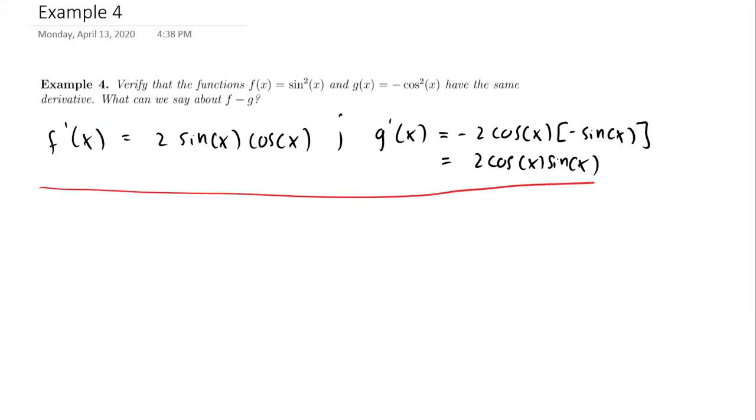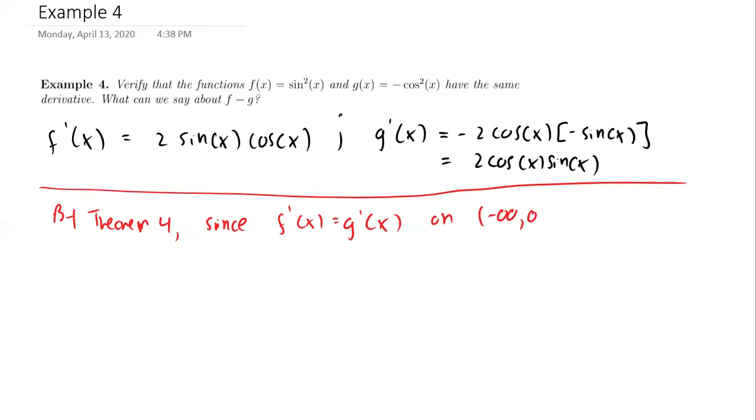Now, what can we conclude about f minus g? So by theorem 4, since f prime of x equals g prime of x, we have to say on what interval. Here, this is for all x. So here we can just say the interval being negative infinity to infinity. Then we know what must be the case, that f and g must differ by a constant.